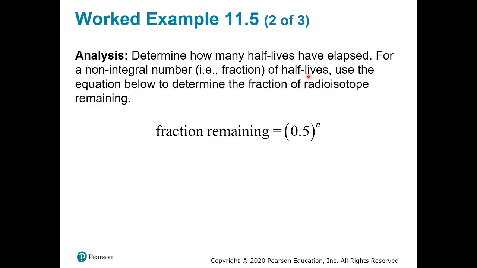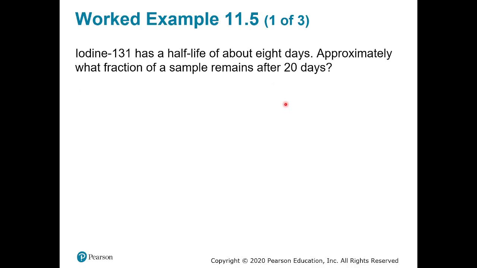And so this one, we got to do a little bit more work. So we have to figure out how many half-lives have passed, right? So how can we figure out how many half-lives have passed? Yeah, so we have 20 divided by 8, right?